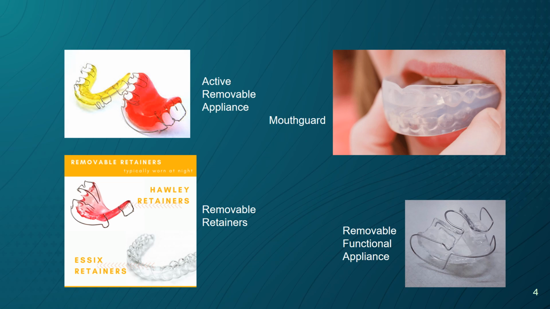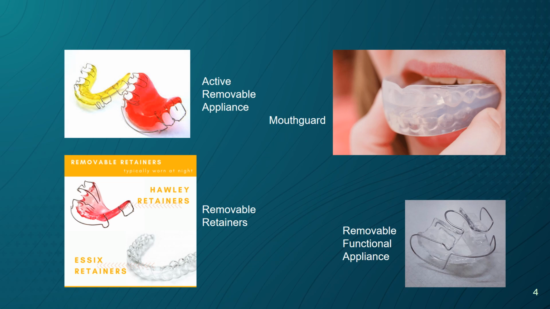Strictly speaking, a removable appliance may be an active removable appliance, a mouth guard, a removable retainer, or a removable functional appliance. In this chapter, we will concentrate only on active removable appliances.